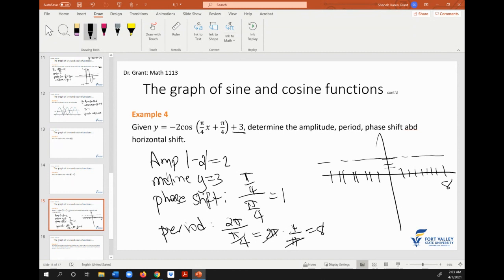And then my amplitude is 2, so I'm going to have up 2, down 2. So that's the height of the graph. My period was 8, so that means I need to draw the cosine graph within these from 0 to 8.